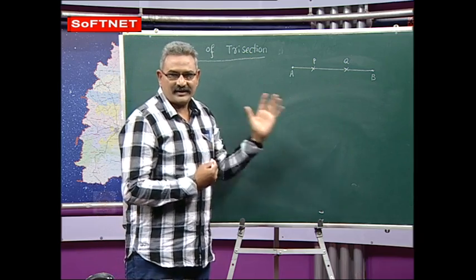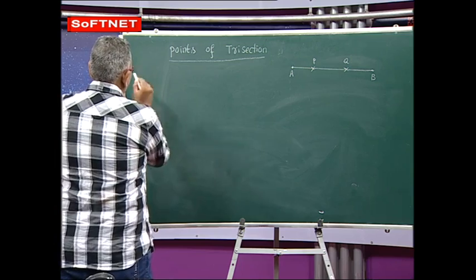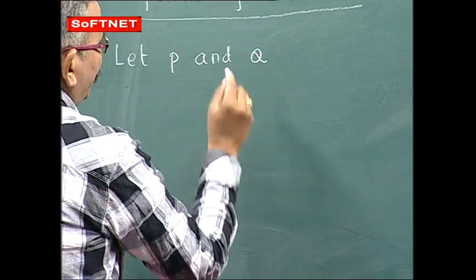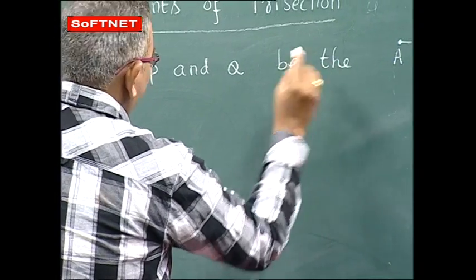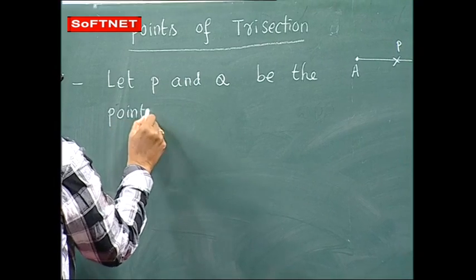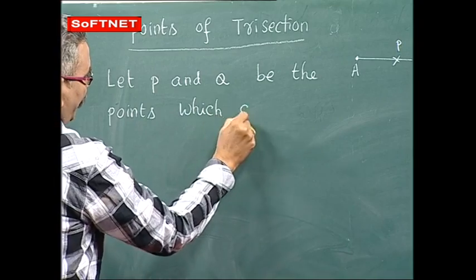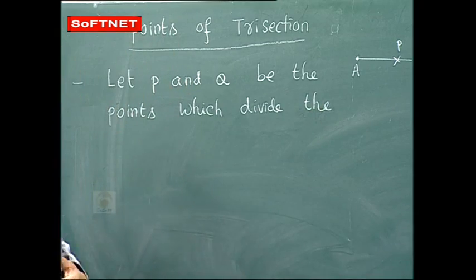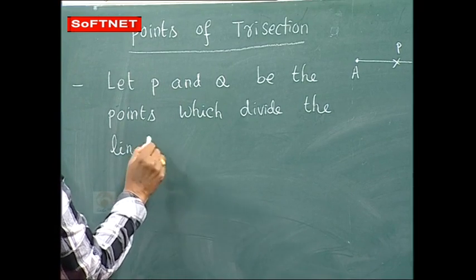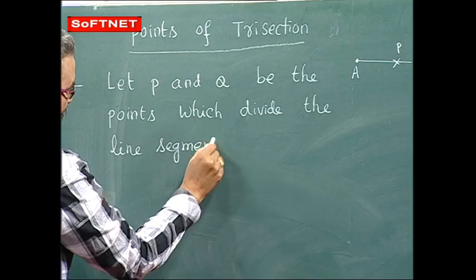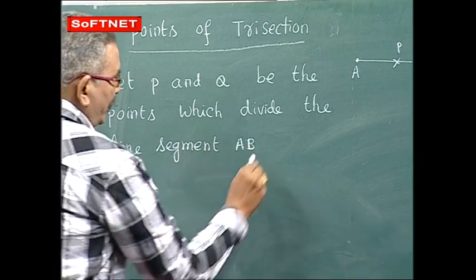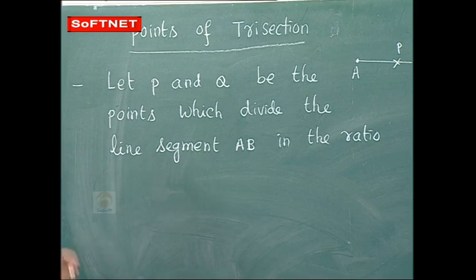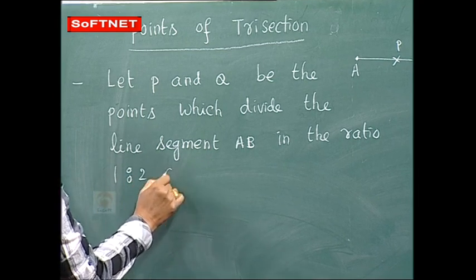Okay? So let us write it. Let P and Q be the points which divide the line segment AB in the ratio 1:2 or 2:1.